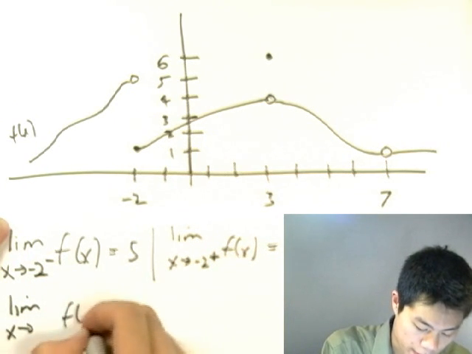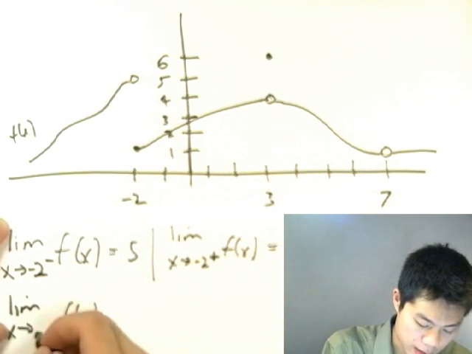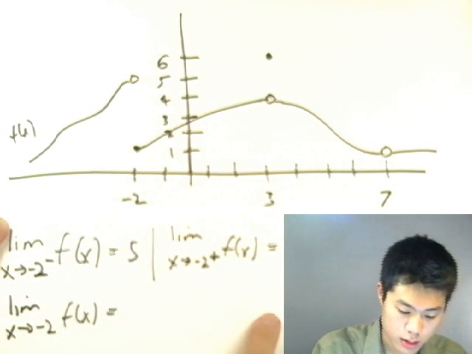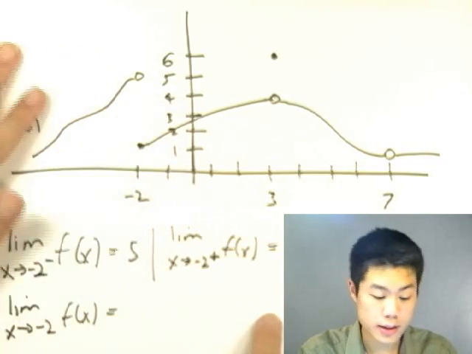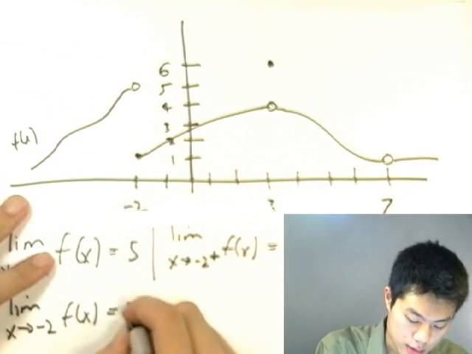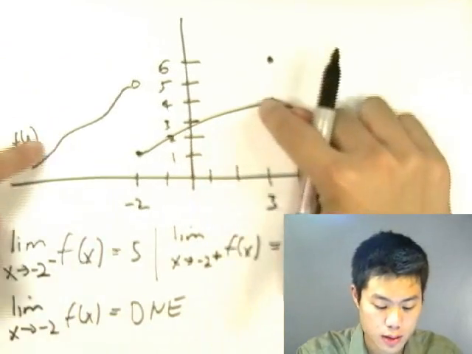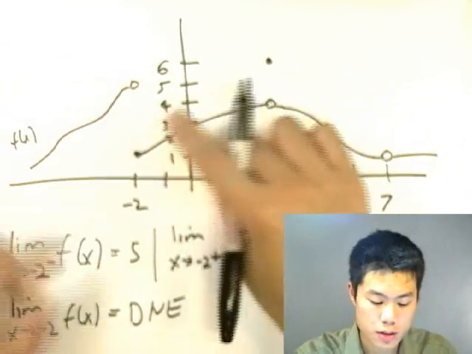What's the limit of f of x as x approaches -2? Doesn't exist, right? Does not exist. And the reason for that is left-hand limit does not equal right-hand limit. They don't equal each other.